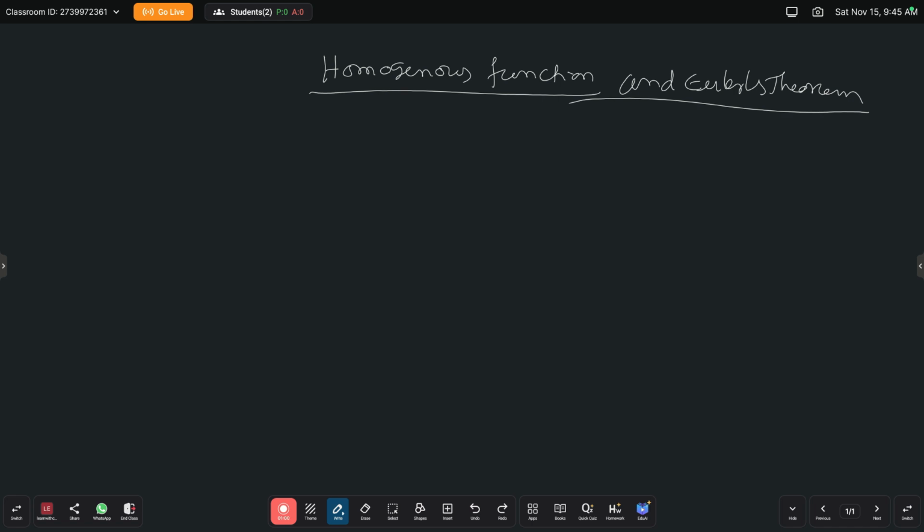Now there are multiple variables in a function. What is a homogeneous function?